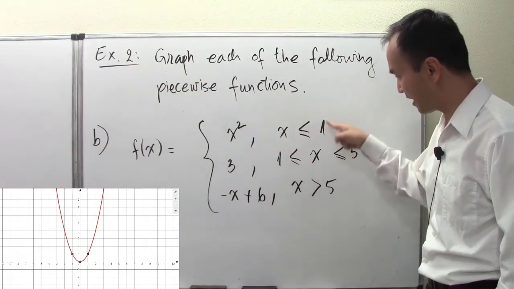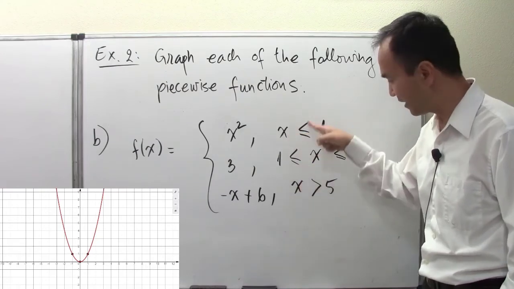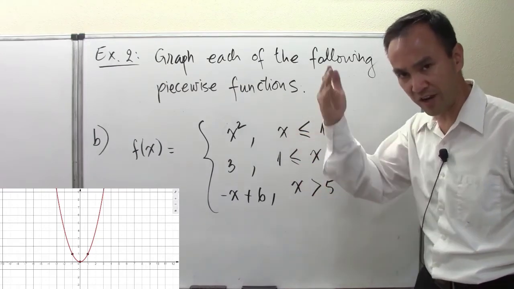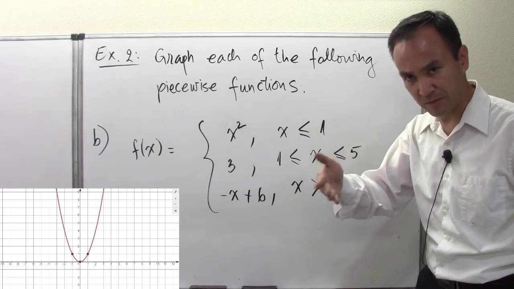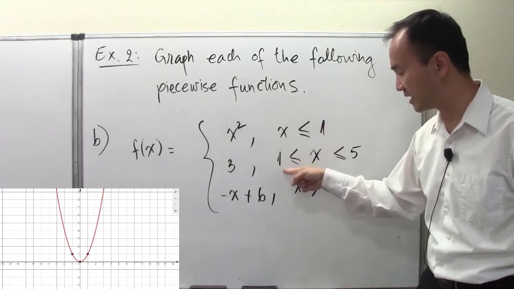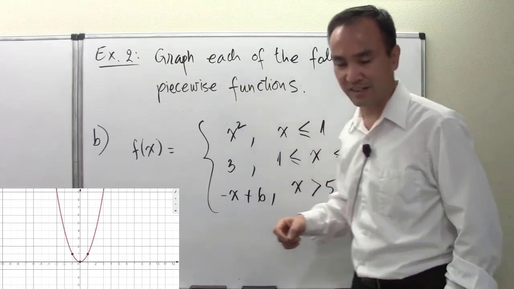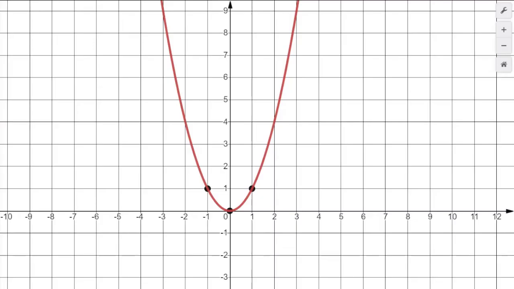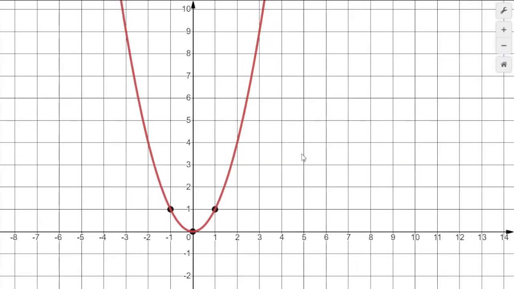have a breakpoint at x equals 1 right here. Imagine if we have a piece of paper and pencil, I'm going to just draw in that vertical line that represents x equals 1 as a breakpoint right there. So now in full screen view, x equals 1 is this line.